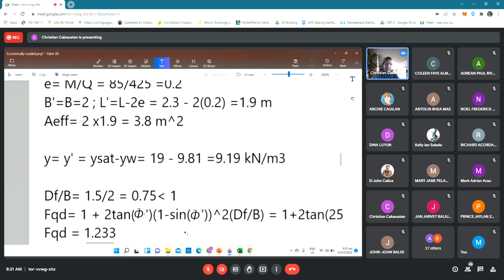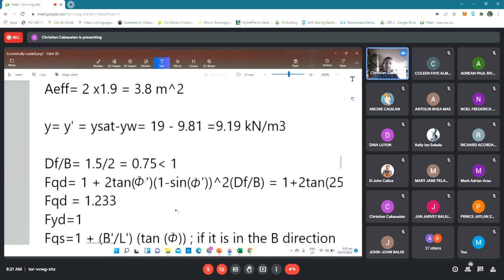Again, by using the law of Meyerhof, wherein we will consider the depth of the footing divided by the width of the footing, the original width of the footing, which is equal to 1.5 divided by 2, wherein the value of Df over B is less than 1.